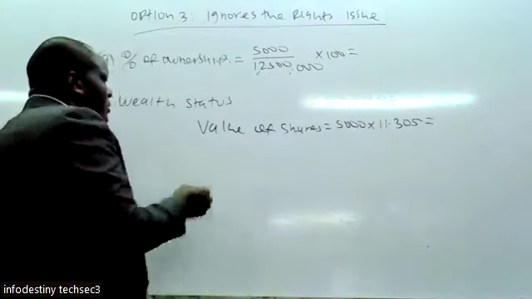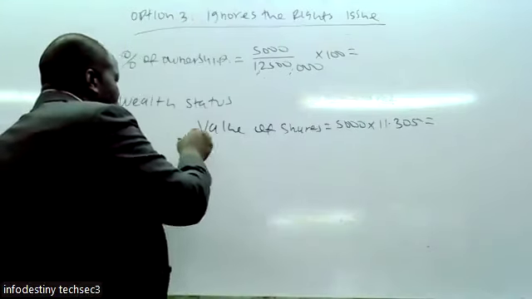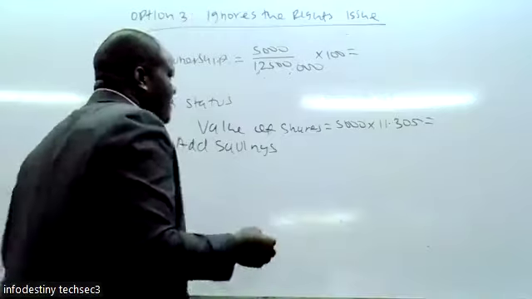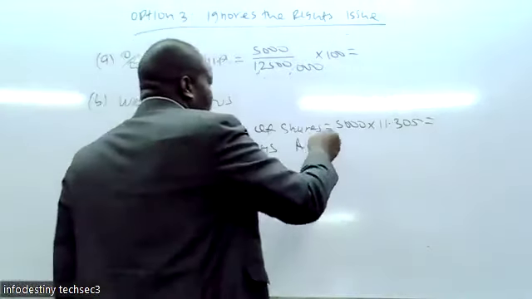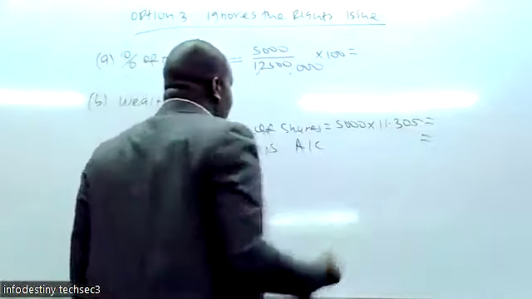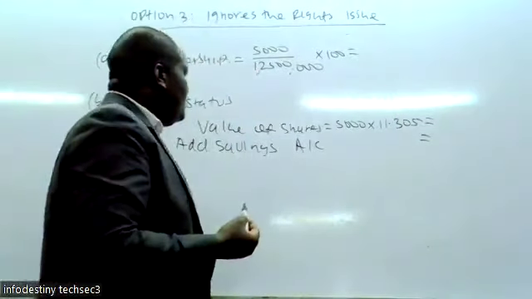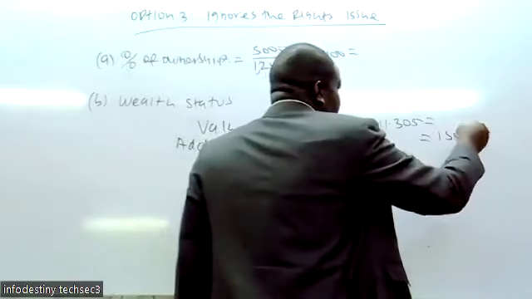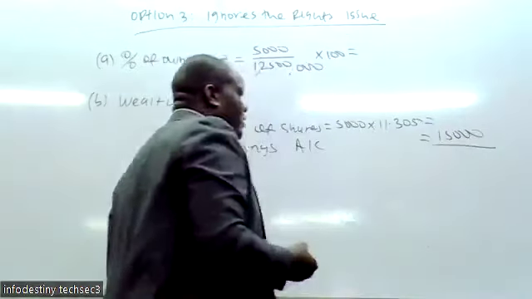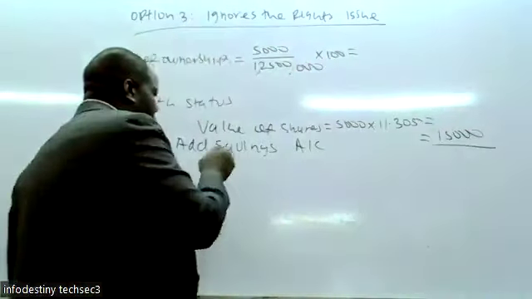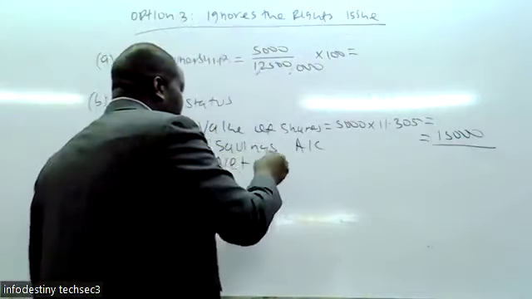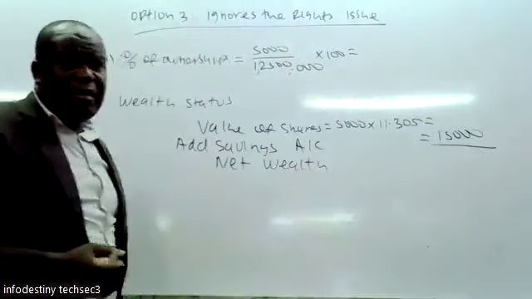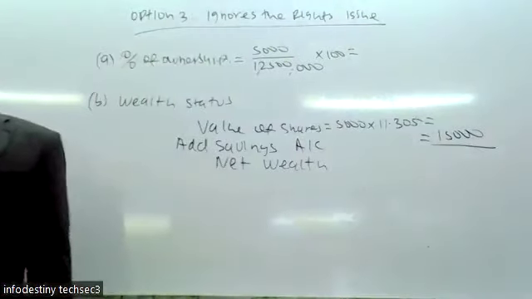Then we are also required to add the savings account, which remains the same. It was 15,000. When you add the two, you get the net wealth.